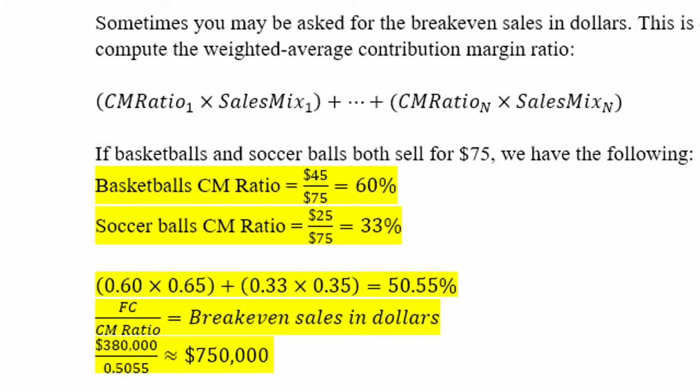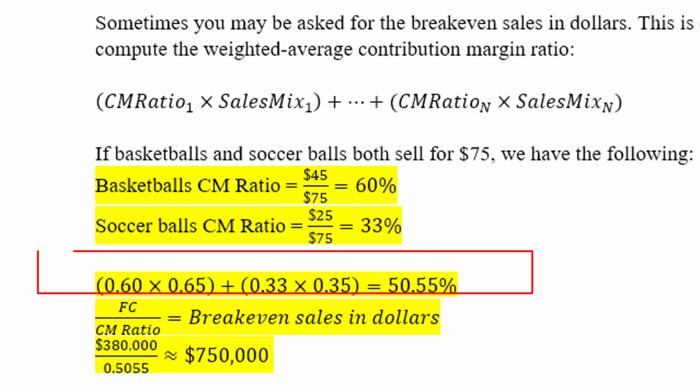I then put it all together. I weight each of those margins by the sales mix. So basketball 60% times 65% plus the margin for soccer balls 33% times 35%.